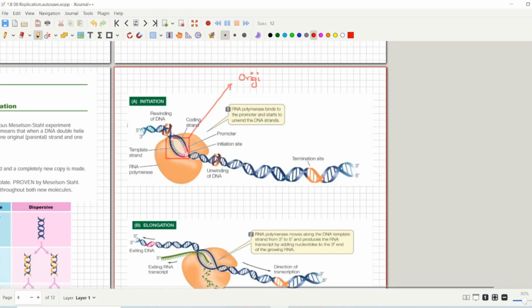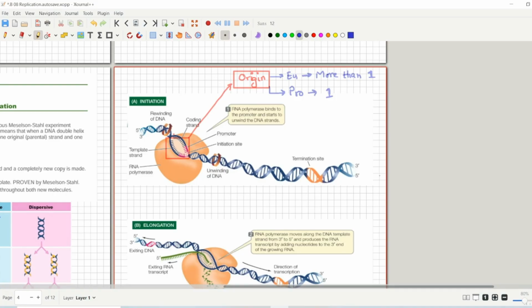The origin is really important, and it is different for eukaryotes and for prokaryotes. Eukaryotes contain more than one origin of replication. But prokaryotes only contain one origin of replication.